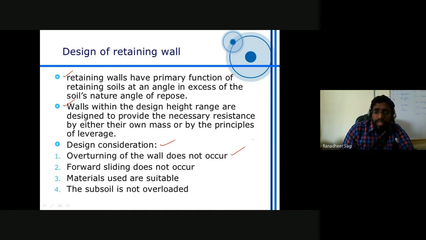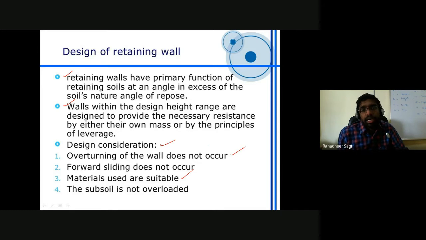Okay, and the factors you should also have in mind are the materials that are used and suitable in the construction of that particular retaining wall. And we should also understand what is the bearing capacity of the subsoil over which your retaining wall is being constructed. Because if the load which you want to transfer through the retaining wall onto the soil is more than the bearing capacity of the soil, then obviously your retaining structure is not going to be safe in terms of the bearing capacity aspect.